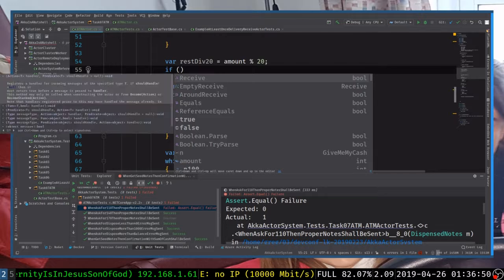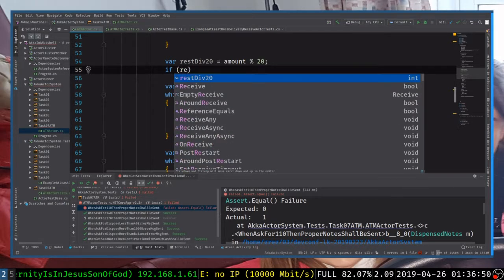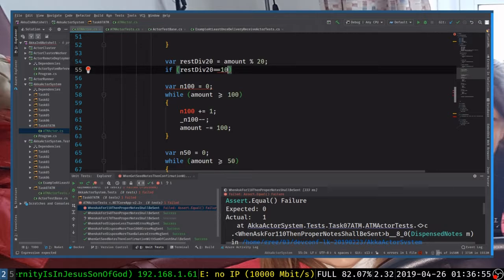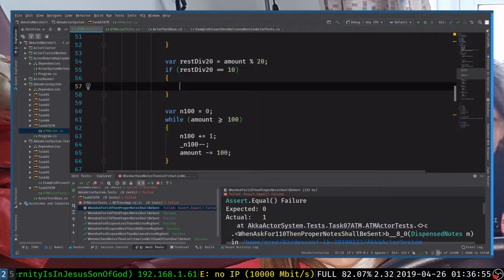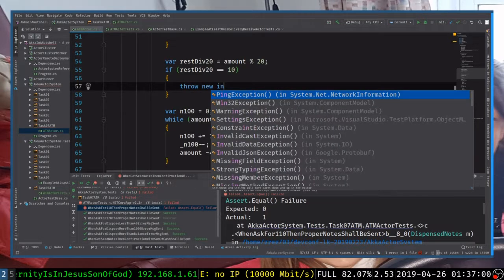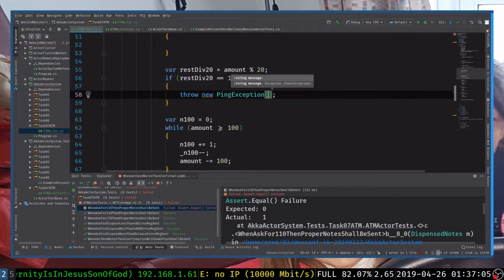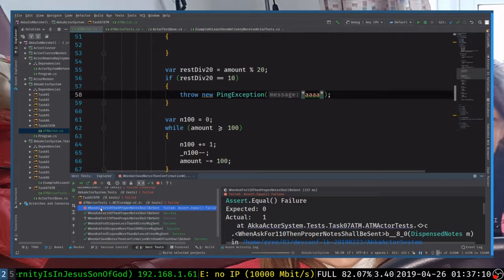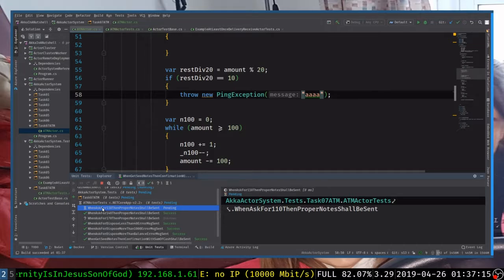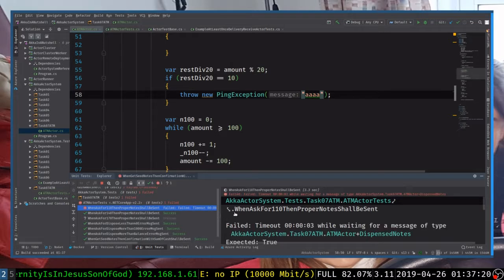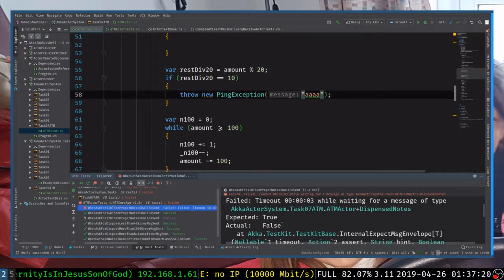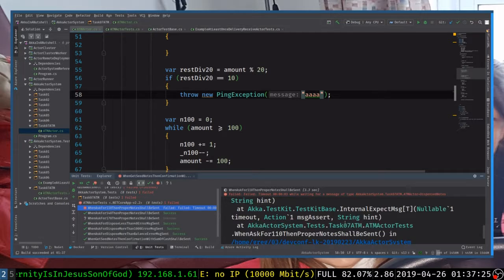Let's do this for constant. Let's try exception. New exception. Okay. So let's run the test and see if we get the exception. So we didn't get the message.